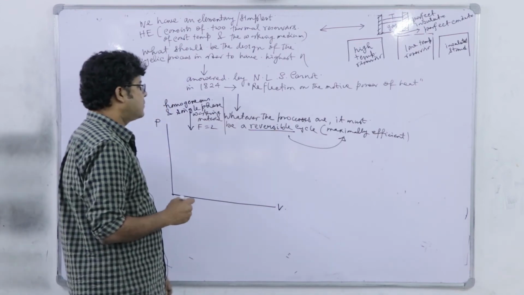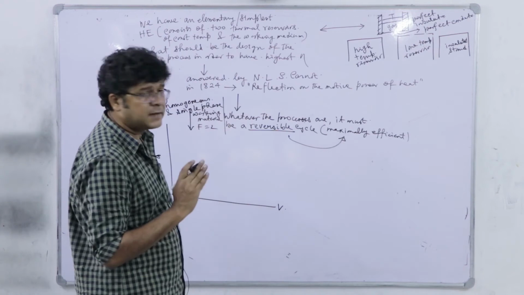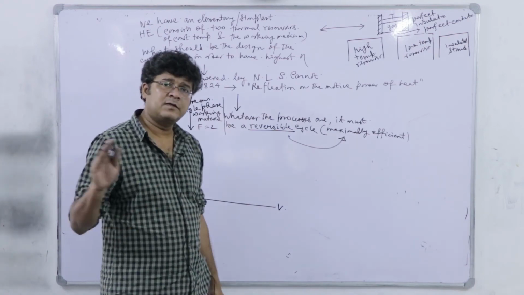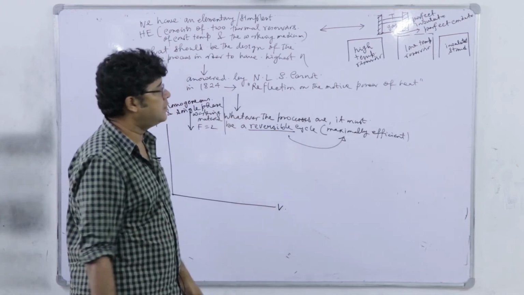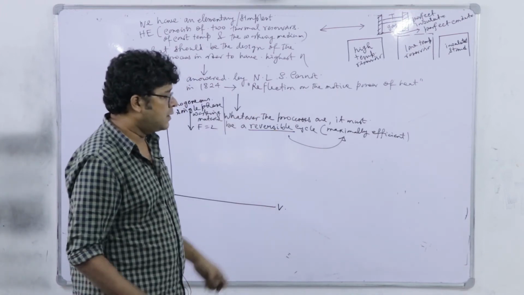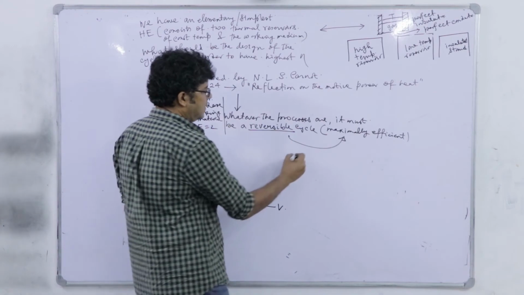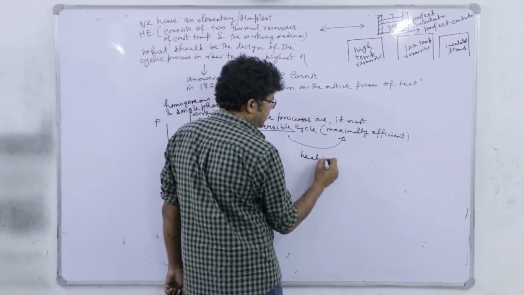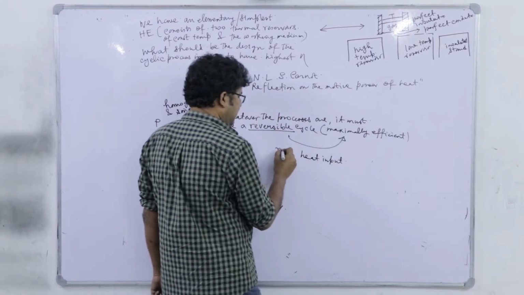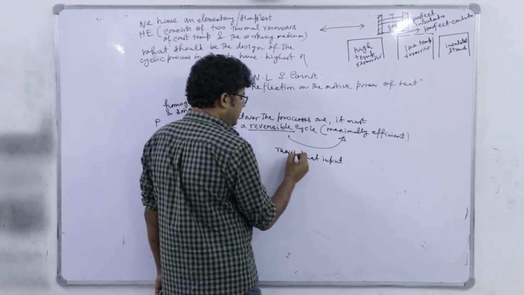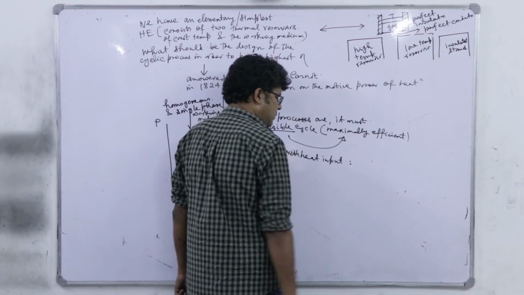So, you see reversibility. First we have to go for a reversible heat input step, because we have a high temperature reservoir. How is reversible heat input possible?